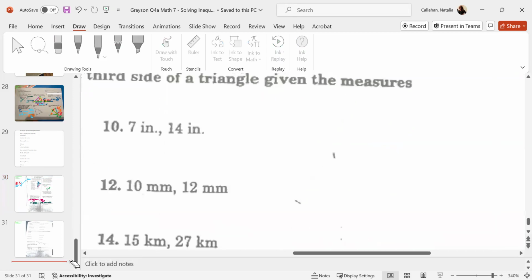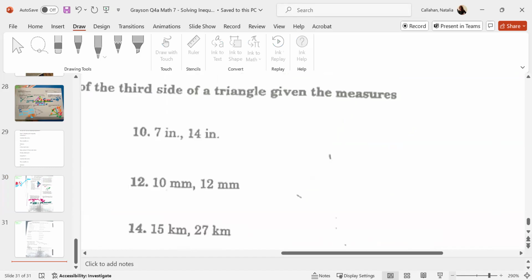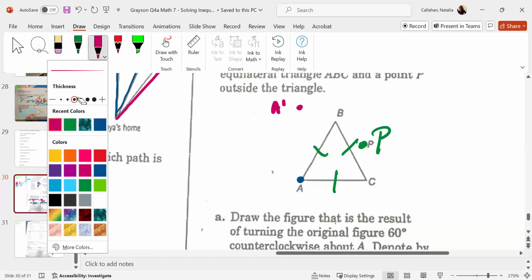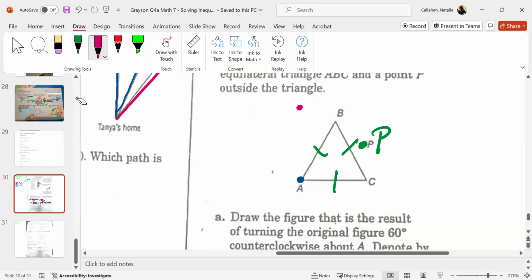That's going to be A prime. Okay? Mm-hmm.